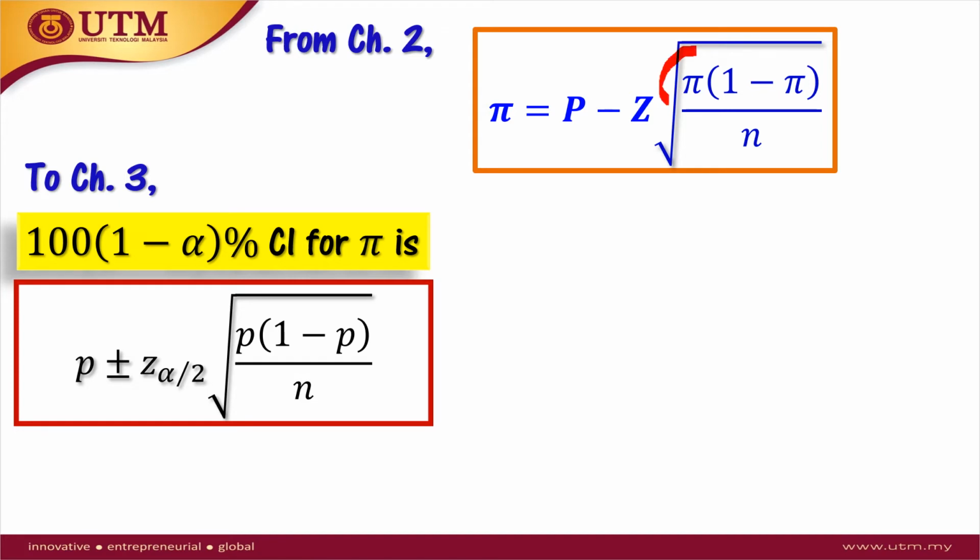Whereas the notation pi in the square root is now changed to small p, that is the value of sample proportion that we use as a point estimate of pi.